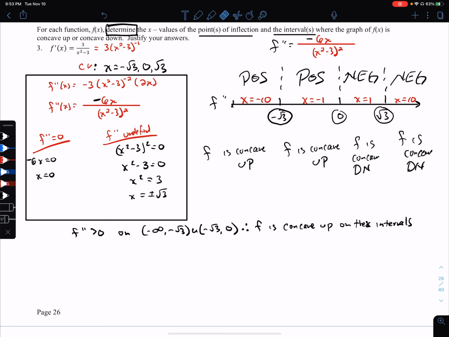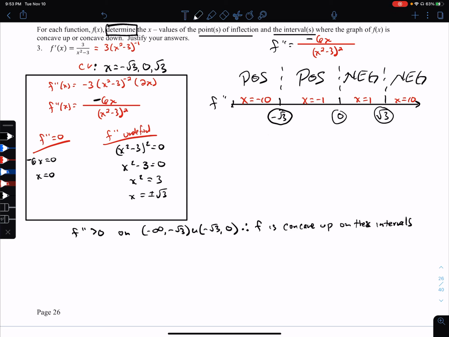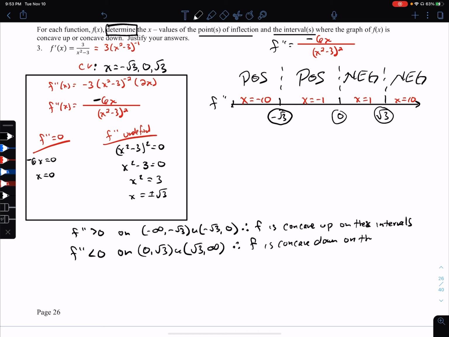Similarly, we could say f double prime is less than 0 on the interval from 0 to the square root of 3 in union with square root of 3 to infinity. Therefore, the original function f is concave down on these intervals.